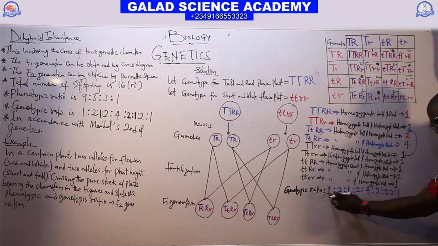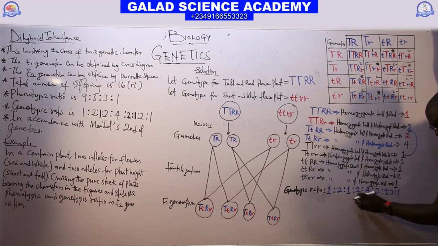We want to add up to 16. Add it together, 4 plus this one making 6, plus this one making 10, plus 3 here. Supposed to have 16. Yes, 9, 3, 3, 1. This is the genetic ratio.